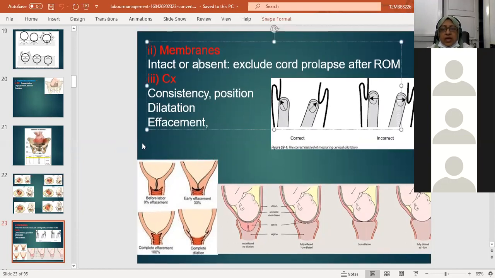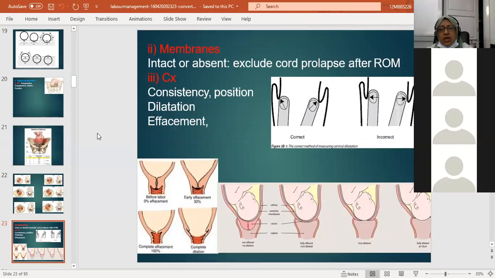Whether the membranes are intact is very important, and if the membranes are ruptured, at the same time as you do the vaginal examination, it is very important to exclude prolapse of the cord. Sometimes the presenting part is not engaged properly, then it is free, and as soon as the membranes rupture, the cord may drop down. So this is again an obstetrical emergency.